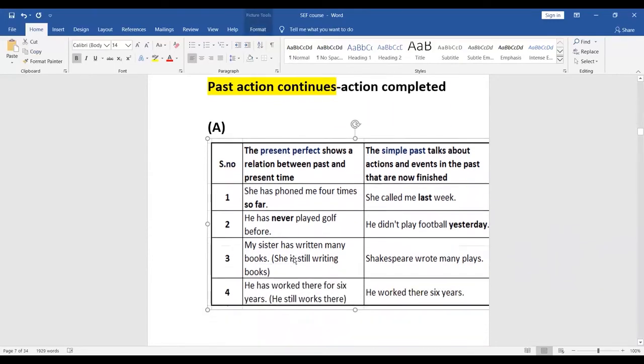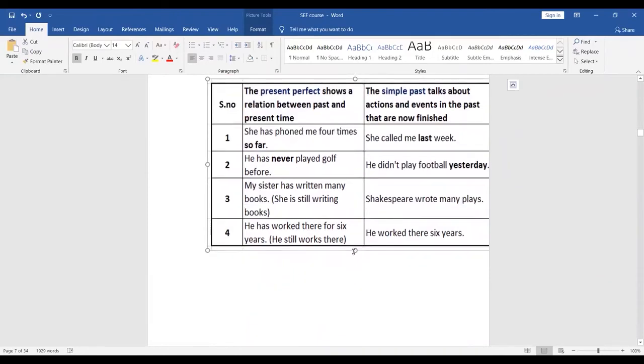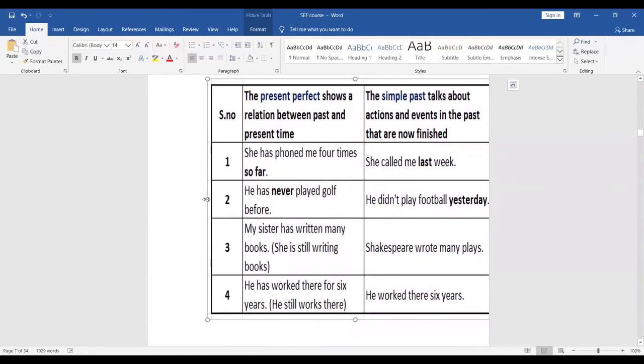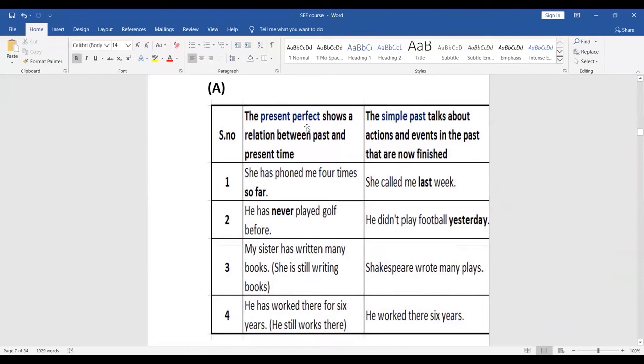And let's take a look at comparisons. Let me see if I can blow that up for you so you can better see. All right, the present perfect shows relationships between the past and the present. An action in the past still continues to the present, whereas the simple past talks about actions and events in the past that are now finished, which means the action is completed and it's not in the present anymore.